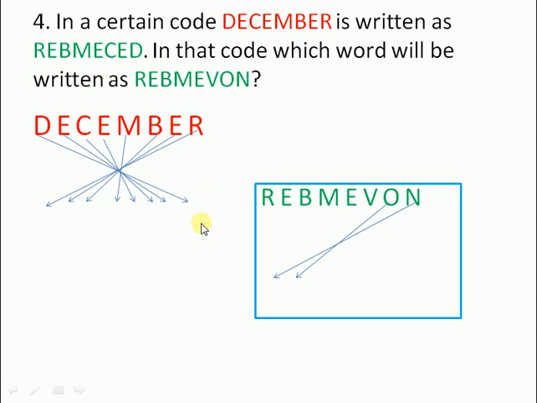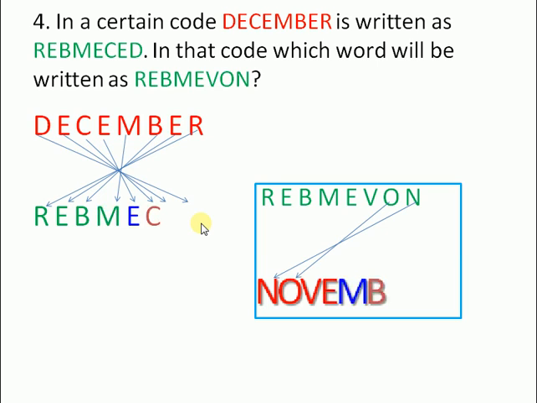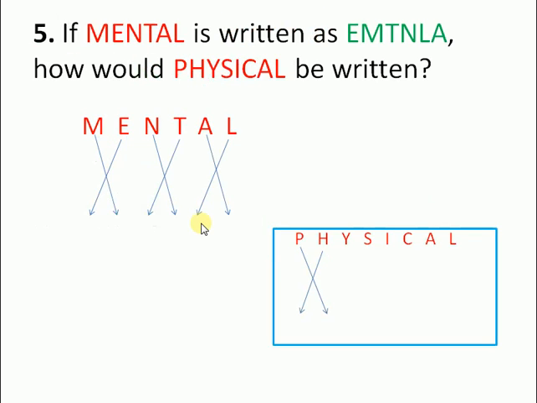The last letter will be the first, the second last will be the second, the third last will be the third, and like that we form it. Then when we apply the same technique to the given code, you will get NOVEMBER as the answer. So our answer for this question is NOVEMBER.